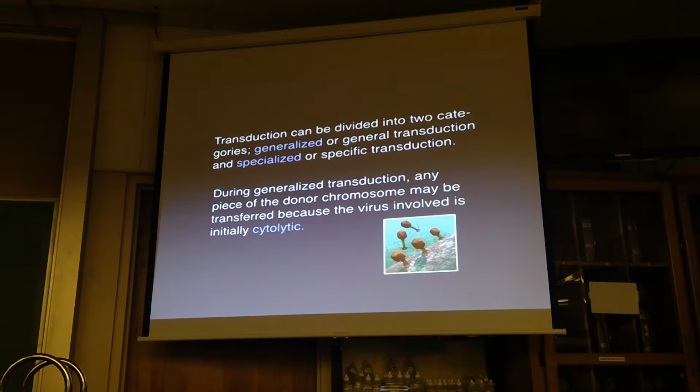If it incorporates into the chromosome, then it becomes a recombinant cell. Because it's any piece of DNA, it's generalized. Generalized transduction involves a virus that is cytolytic. It's going to get into the cell, chop up that cell's DNA into a bunch of pieces. Ultimately, the cell blows up, releasing a bunch of virus particles, some of which are carrying cellular DNA with them.